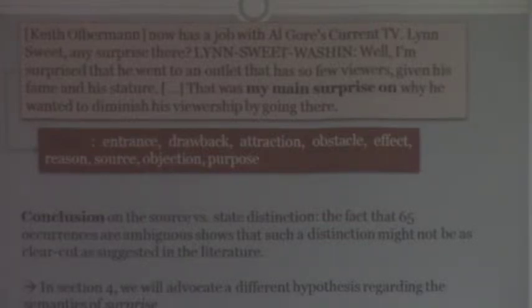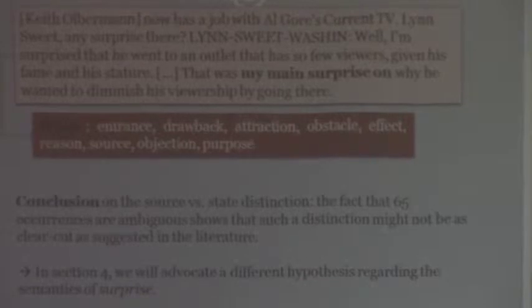But after the noun surprise, it's a bit unusual, and I think that this preposition suggests here a stative interpretation. The significant collocations found in the COCA for "main" were entrance, drawback, etc.